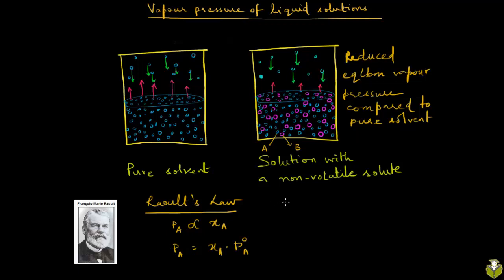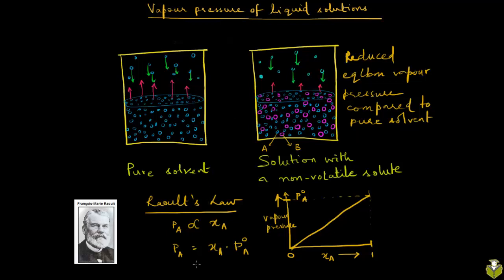If you were to draw a graph with vapor pressure on the y-axis and mole fraction on the x-axis, you get a straight line. And when the mole fraction is 1, this value here is P naught A.